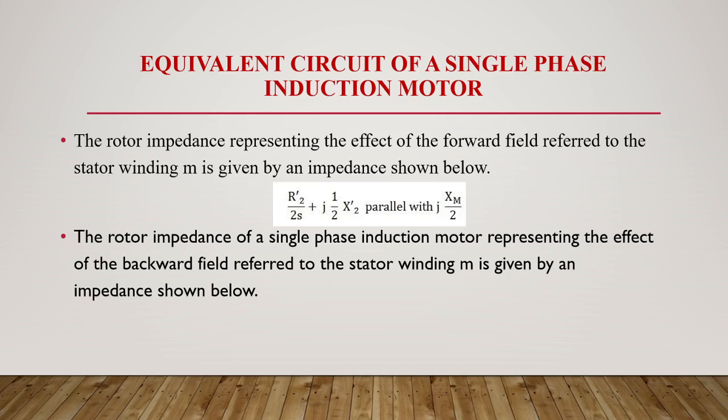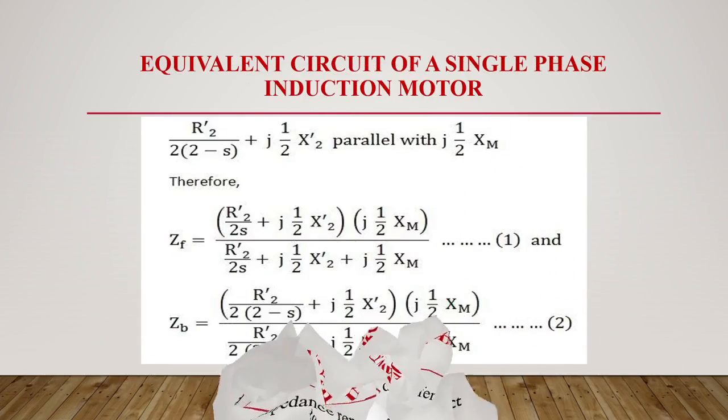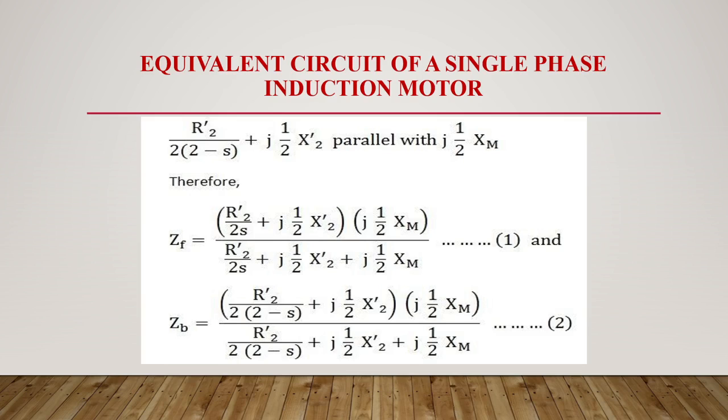The rotor impedance representing the effect of the backward field referred to the stator winding M is R2 dash by 2 into 2 minus s plus j into 1 by 2 X2 dash, in parallel with j XM by 2.